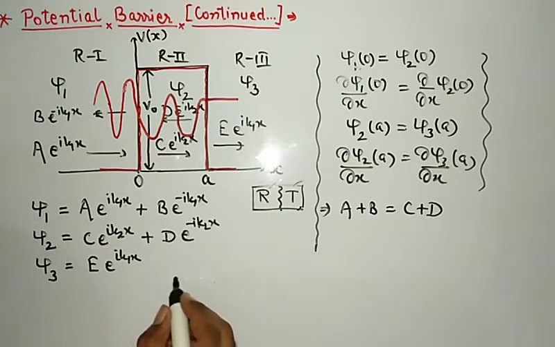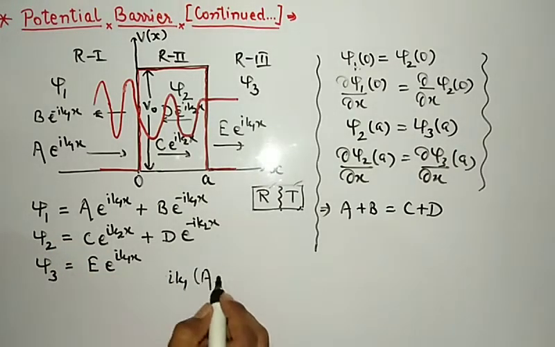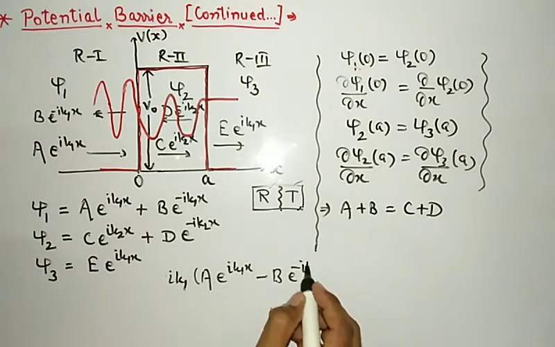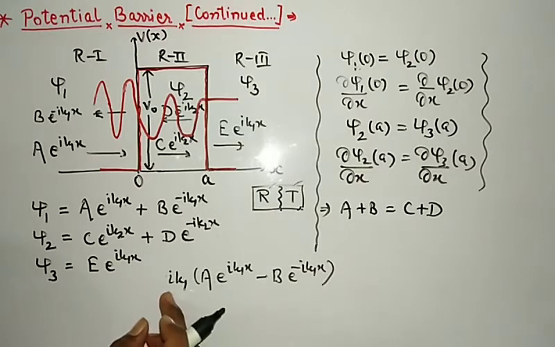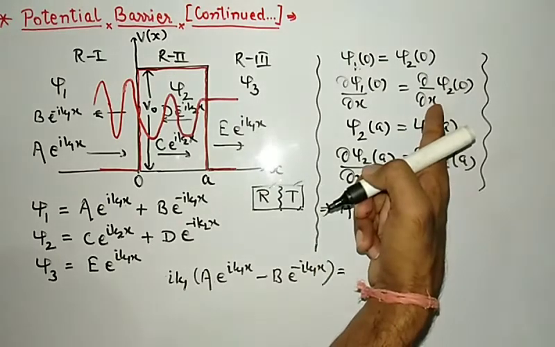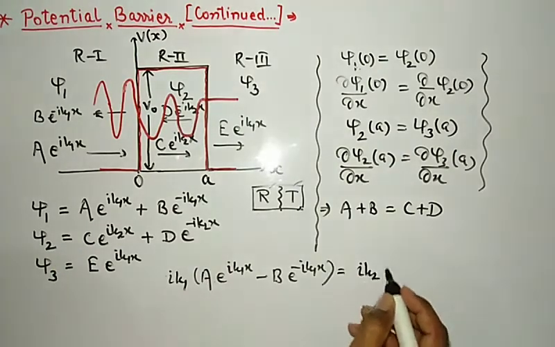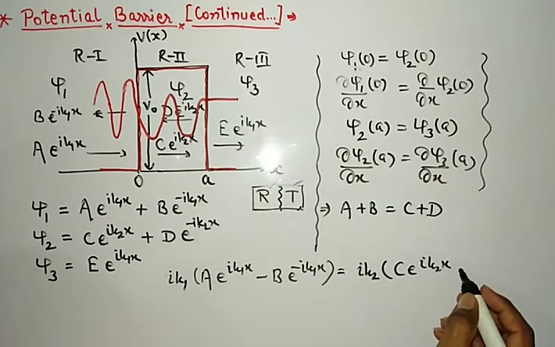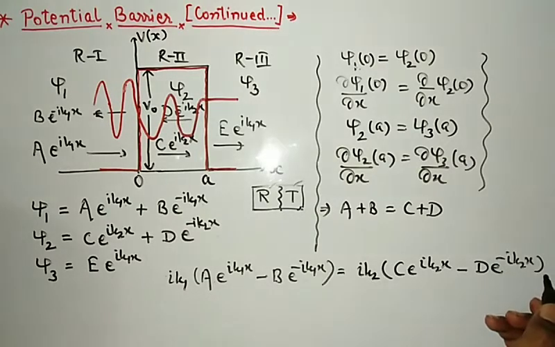When you differentiate, we get i k1 common, A e to the power i k1x minus B e to the power minus i k1x, and this will be equal to the derivative of psi 2, that is i k2 common, C e to the power i k2x minus D e to the power minus i k2x.